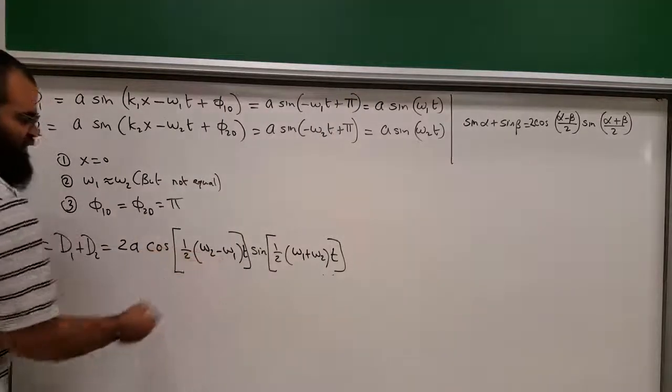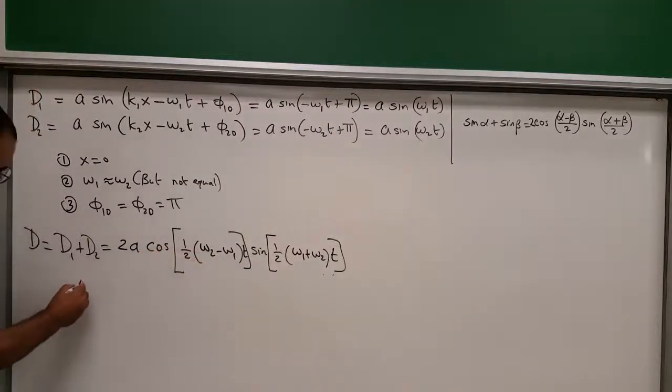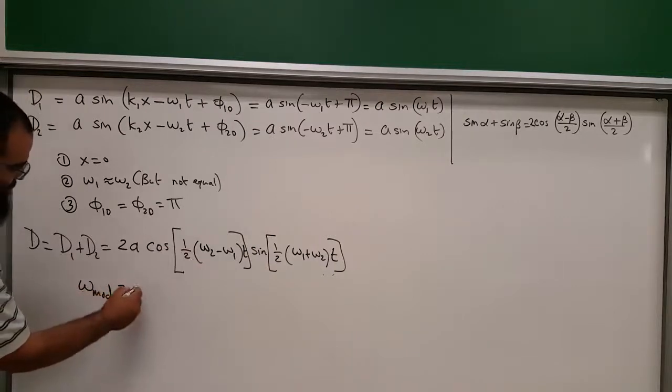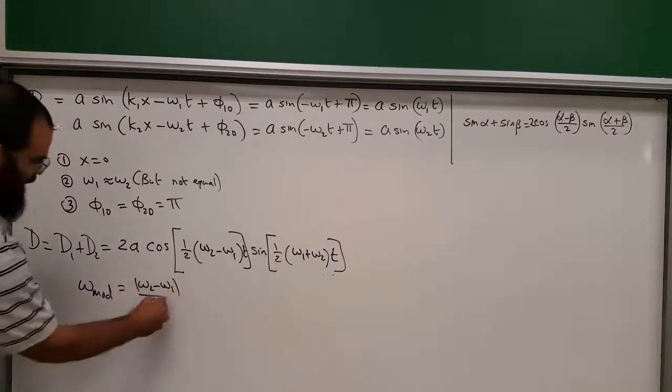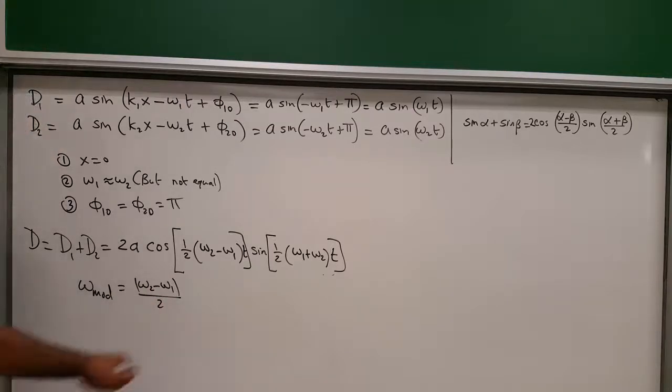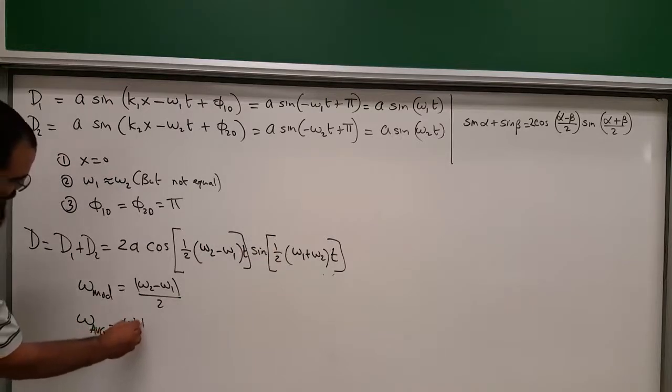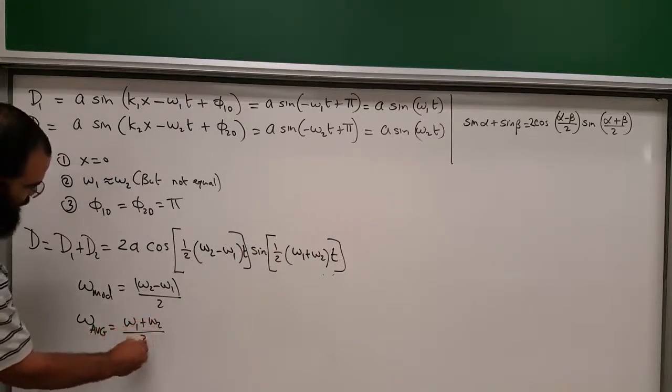We will call this the modulation frequency, omega modulation. And it is just omega 2 minus omega 1, the absolute value of them, divided by 2. And this one is just the average frequency, omega average. It's just omega 1 plus omega 2 over 2.